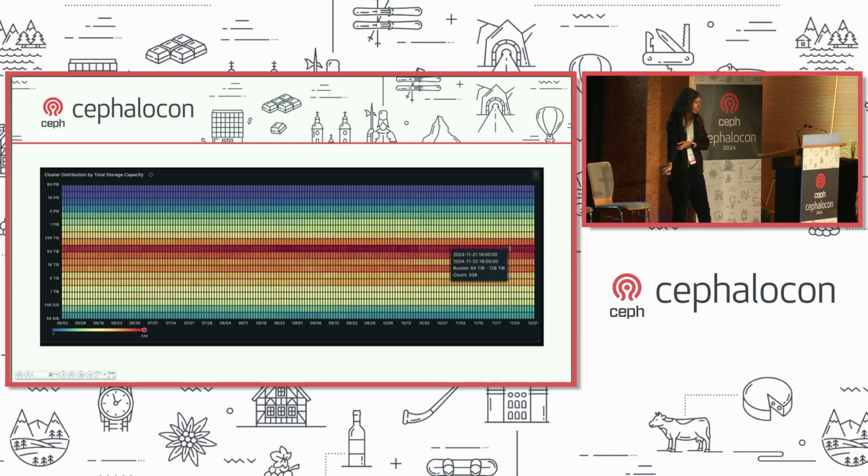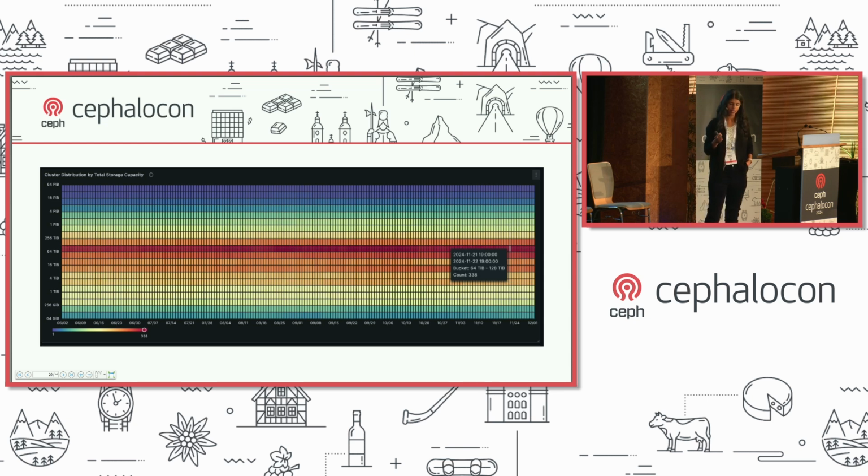We have also the heat maps in our dashboard, and the way to read the heat map is it's like a daily histogram. So you can basically see the distribution of clusters by their capacity. We were curious, what's the majority of the clusters according to their total capacity?